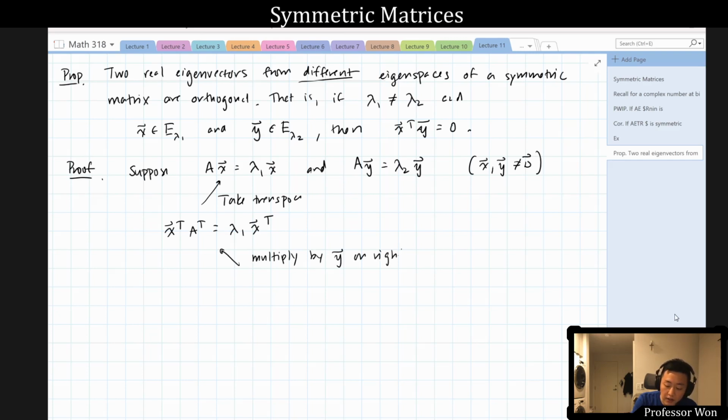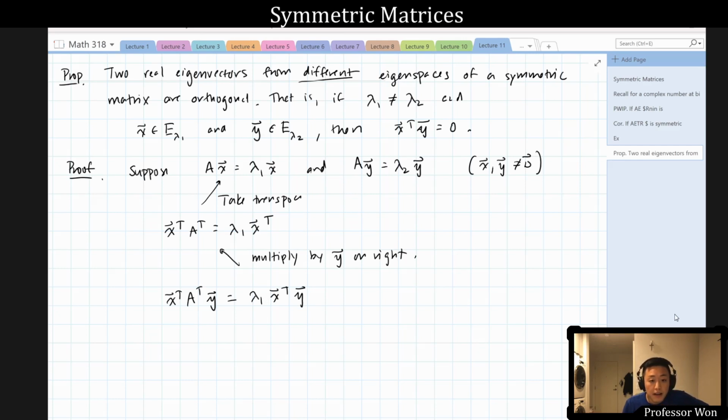You need to make sure that the sizes match, but A transpose is n by n, x transpose is 1 by n, so you can multiply by an n by 1 vector no matter what. So we get x transpose A transpose y equals lambda 1 x transpose y.